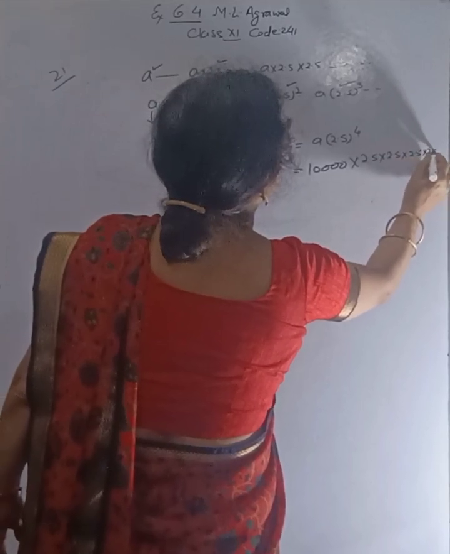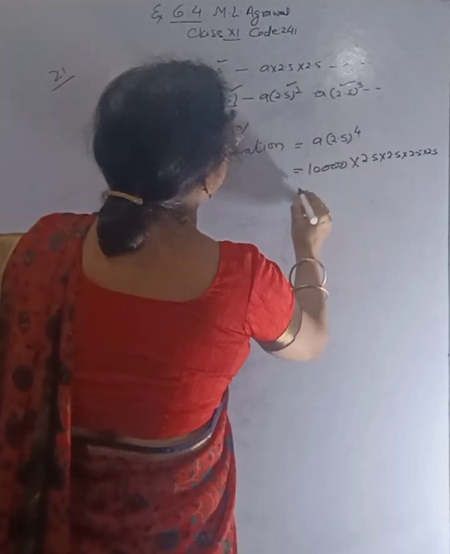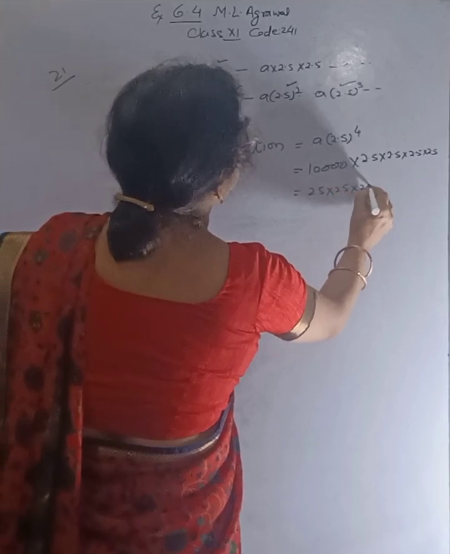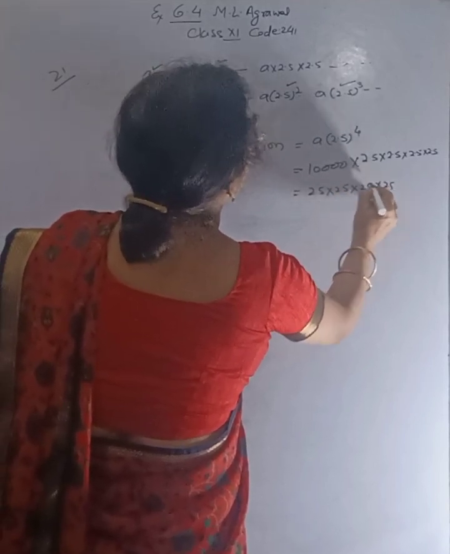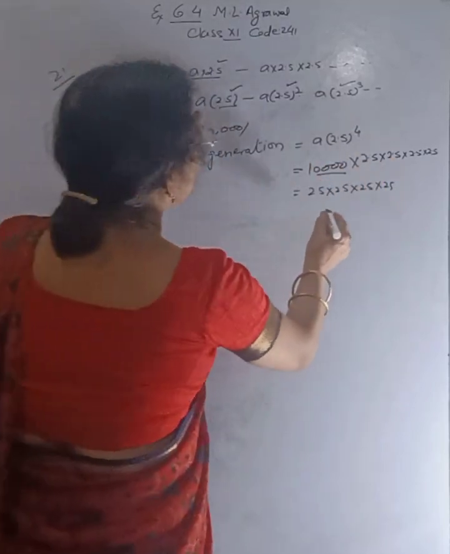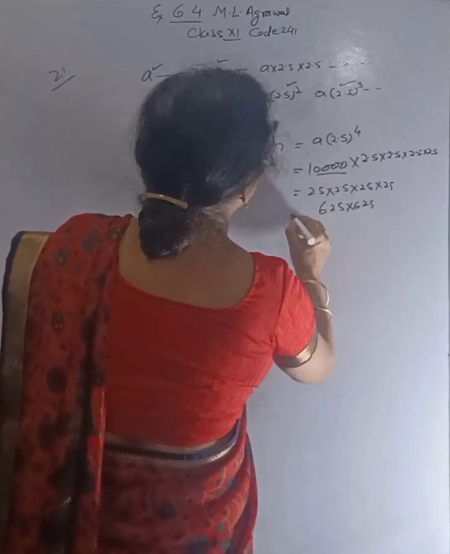This is 10 to the power 4, so that it will get reduced. We'll get only 25 into 25 into 25 into 25, because these 10 to the power 4 will cancel the decimal points, and this is 625 into 625. We can obtain it by multiplying it.